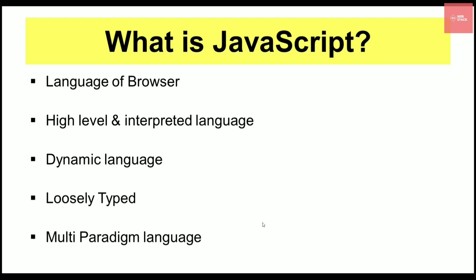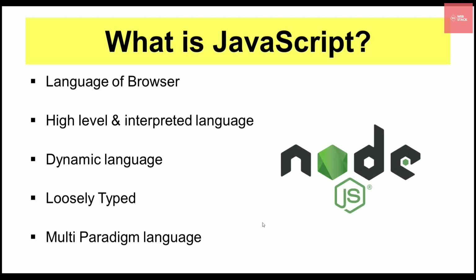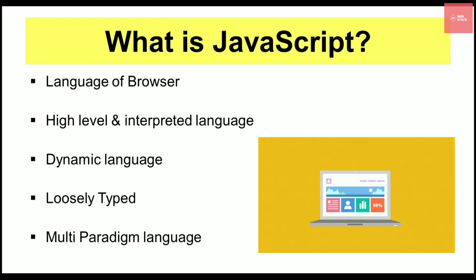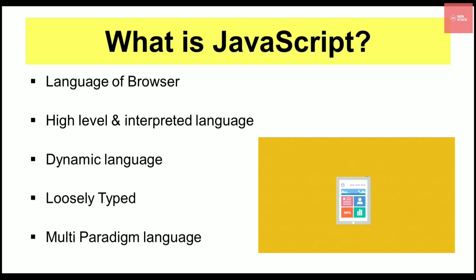Apart from working with the client, it now also works with the server, for example Node.js. JavaScript is also known as the language of the browser because it was earlier meant only for client purposes, but now we can use it on the server, in desktop applications, mobile applications, and a lot more.